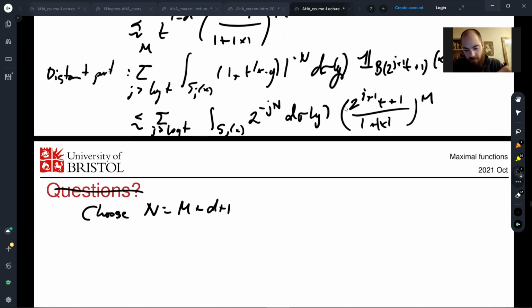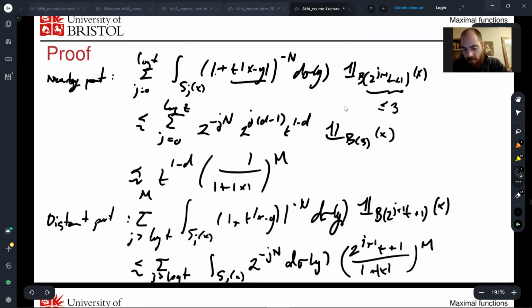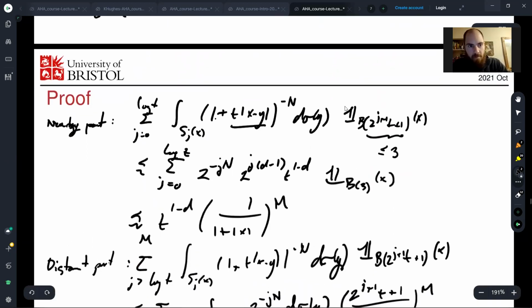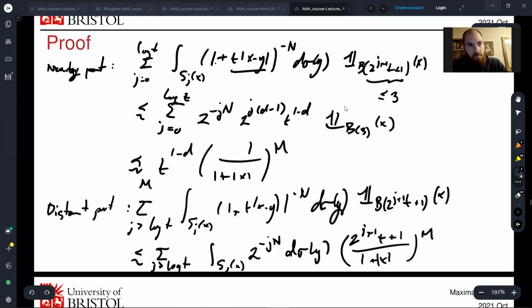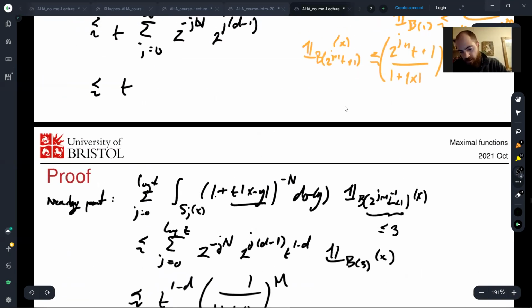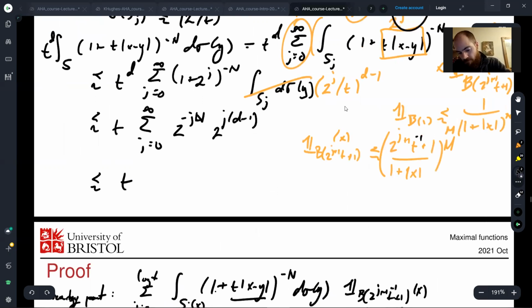And what you find out is this gives you, oh wait, to the t. There's an inverse here, sorry. These are all inverses. Great.